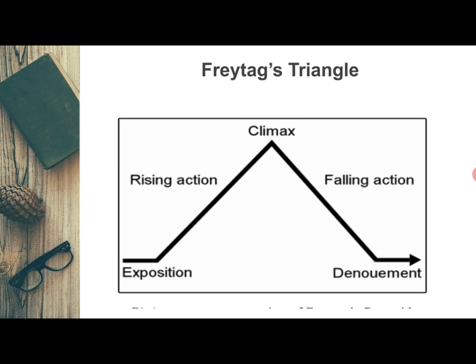So that is the introduction of how you create a story, how you serve the sequence of the incidents or events of the story, and that is the free text triangle, and it is so normal to be used by all authors in creating prose or fiction work.